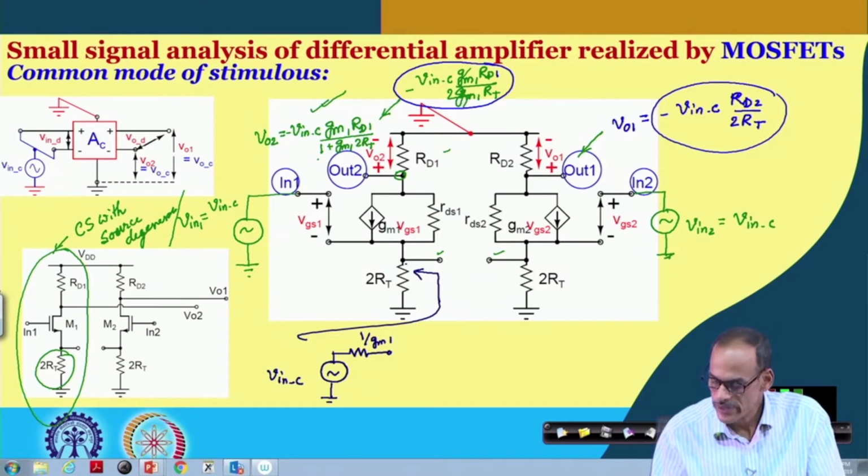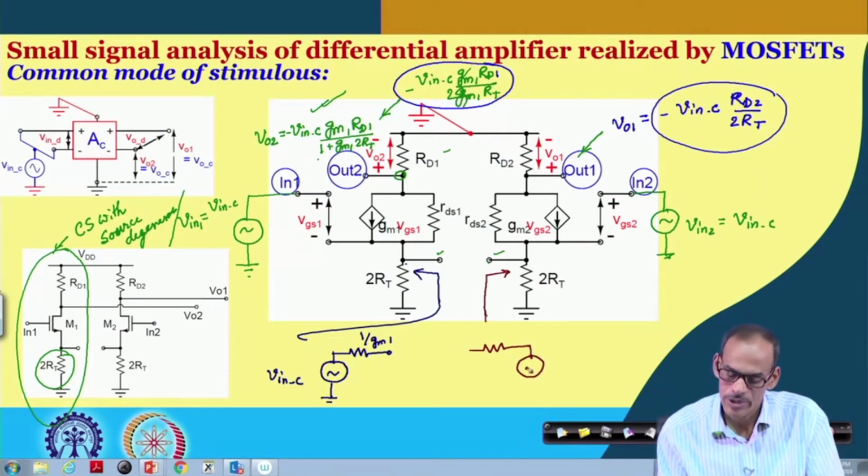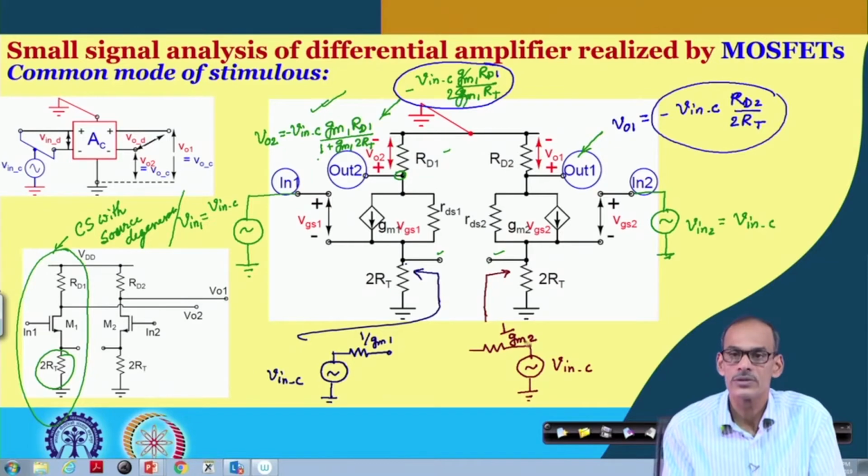Likewise, if I consider the other side, we get a similar equivalent circuit, namely the signal source close to V in C, and then Thevenin equivalent resistance of 1 by GM2.